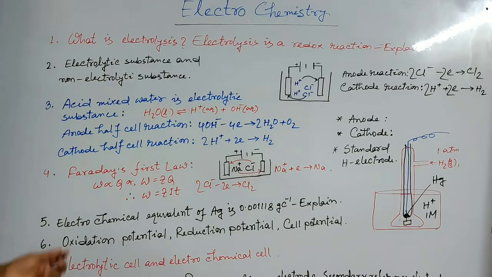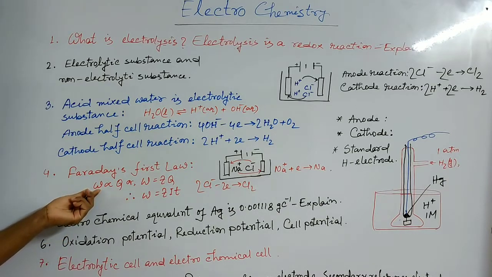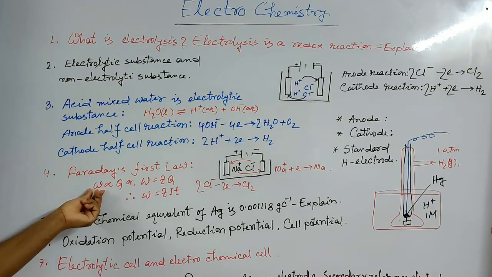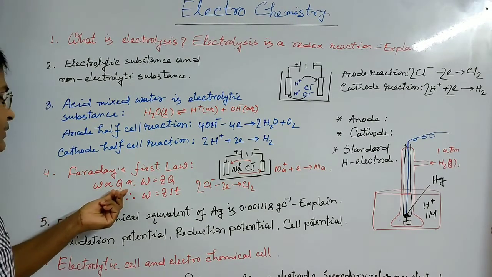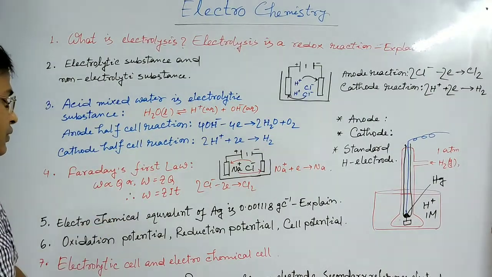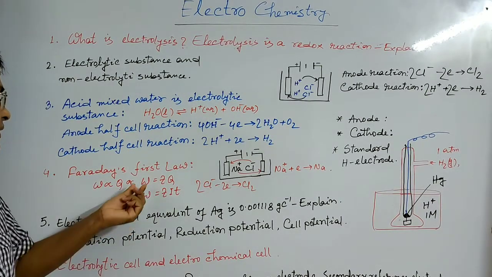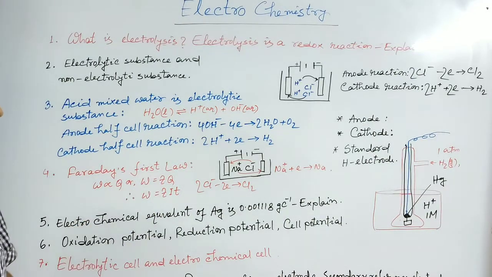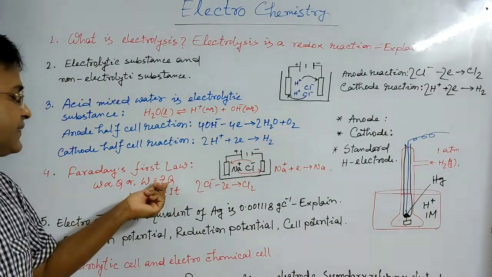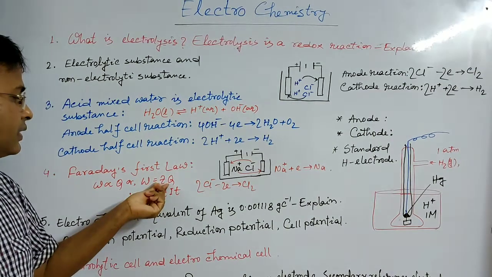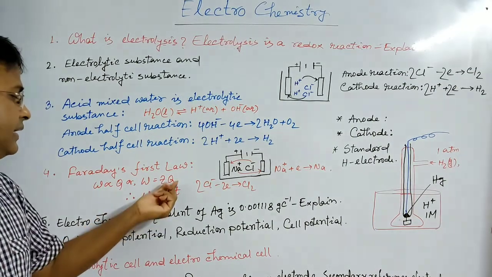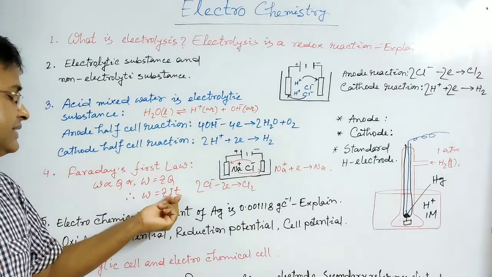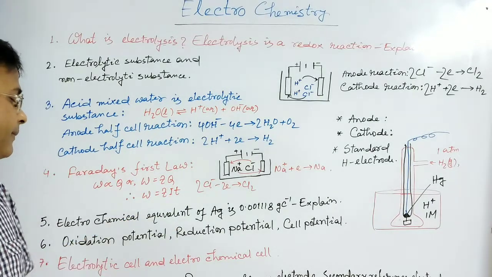So I can write in mathematical language, W is proportional to Q. Here W is the amount of deposited or dissolved substance, and Q is the coulomb of electricity passed. W equals ZQ. Here Z is the proportionality constant, which stands for electrochemical equivalent, and coulomb equals IT, where I means ampere and T is time.